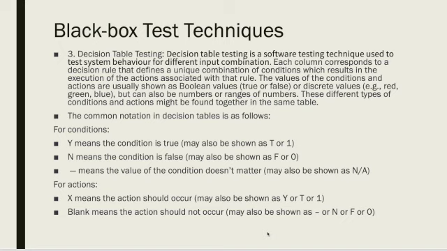The values of the conditions and the actions are usually shown as Boolean true or false, or discrete values, e.g. red, green, blue, but can also be numbers or ranges of numbers. So these different types of conditions and actions might be found together in the same table.